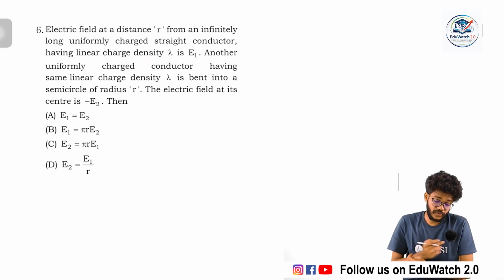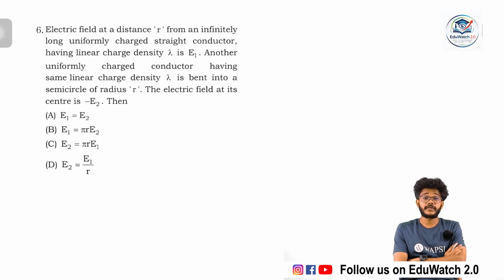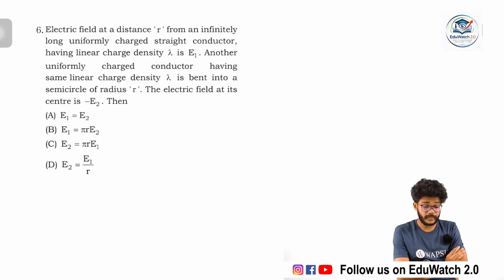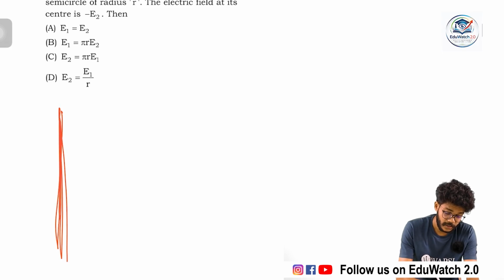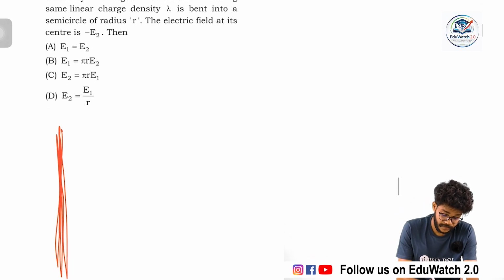So we can move to the sixth question. The sixth question is a very good question. Read the question: electric field at a distance r from an infinitely long uniform charged straight conductor. First, consider an infinitely long charged straight conductor with linear charge density lambda, at a distance r.